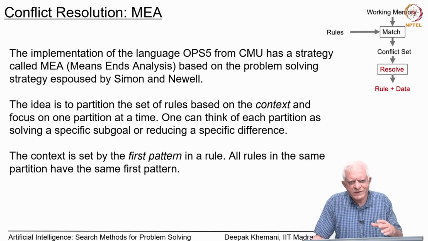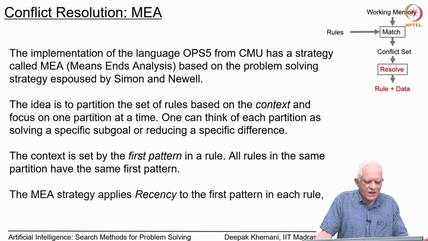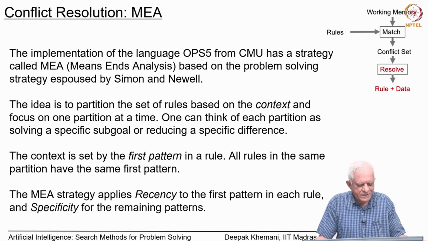So, when you are writing rules, you could say, okay, these are rules for constructing the floor, these are rules for constructing the house. So, these are patterns which set the context essentially, or constructing the walls and constructing the windows and things like that. What MEA strategy says is that you apply recency to the first pattern in the rule, and if there is a tie, then specificity to the remaining patterns.